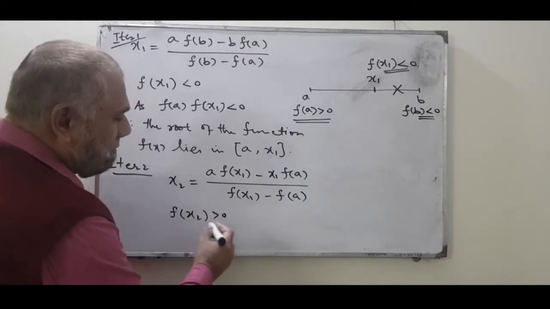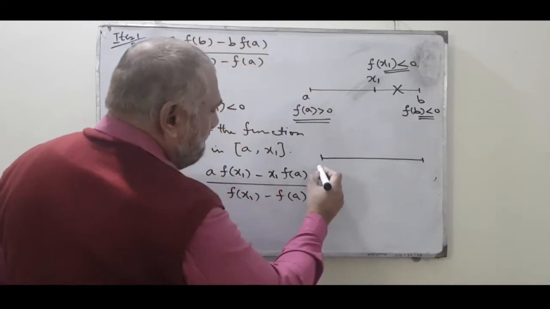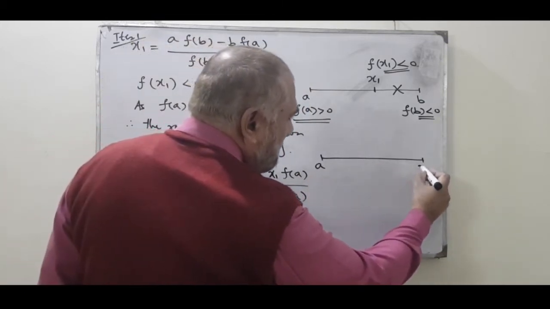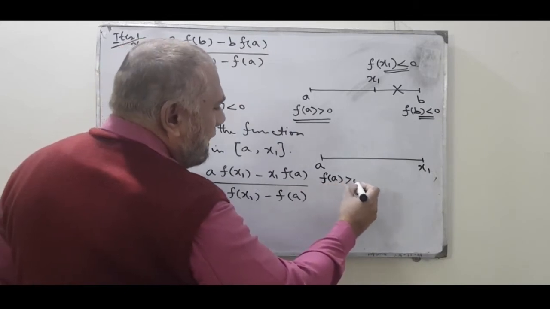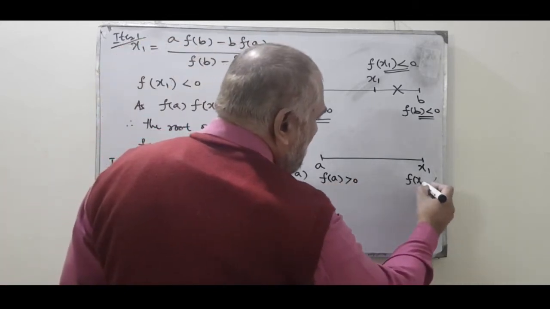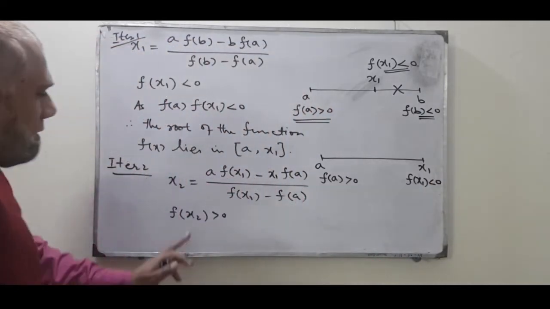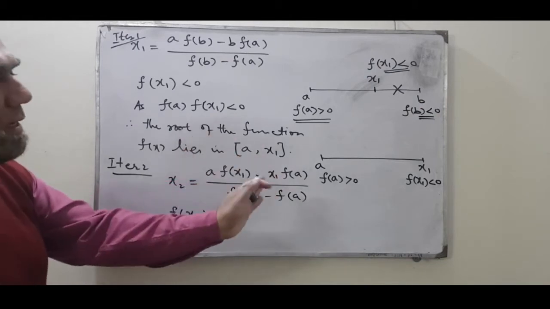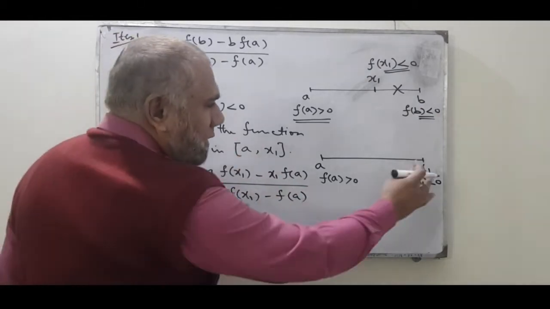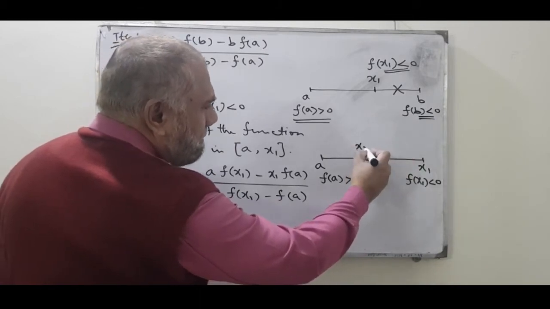So here, whenever it is positive, let's show all this on the new interval. The left-hand point is a, the right-hand point is x1, the function has a positive value at a and a negative value at x1. And we got one more point, and this point will of course be within the domain of a to x1. Suppose the point is somewhere here.